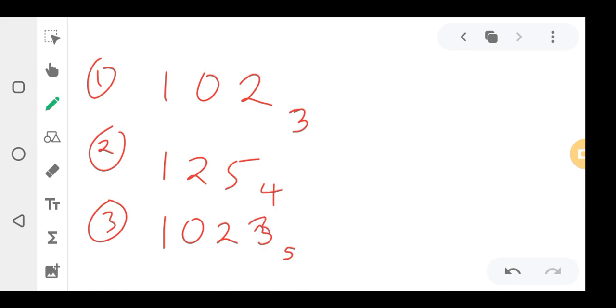Actually, let me put a smaller one here. Let's say base 2. You're converting them to base 10. So those are the 4 questions.